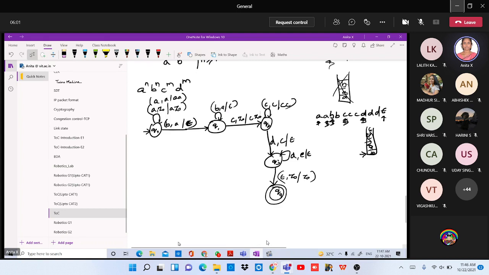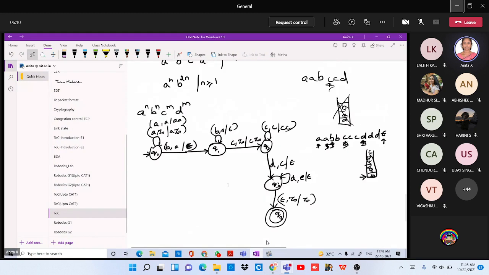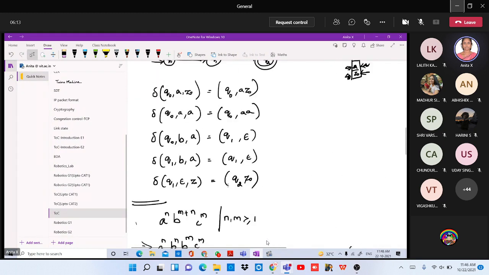We can continue with this in the next class, because we'll be proceeding after a gap, so by that time you will forget everything. So we may not continue further.